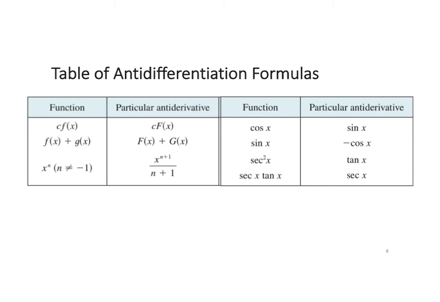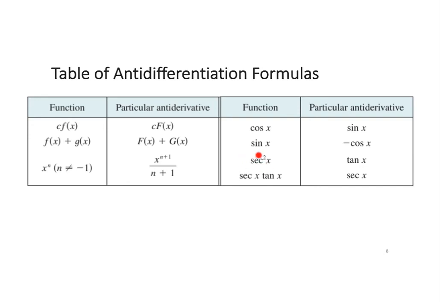Cosine x, an antiderivative of it will be sine x, as we observed. The antiderivative of sine x would be negative cosine x, because the derivative of negative cosine x would be negative sine x, which gives us back the sine x. Secant squared x we should recognize as the derivative of one of the trig functions.